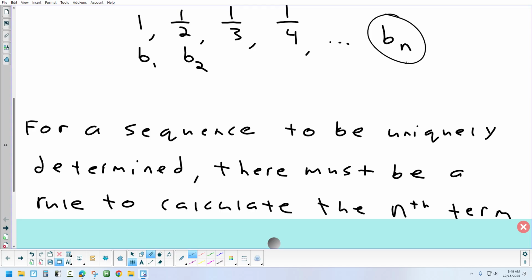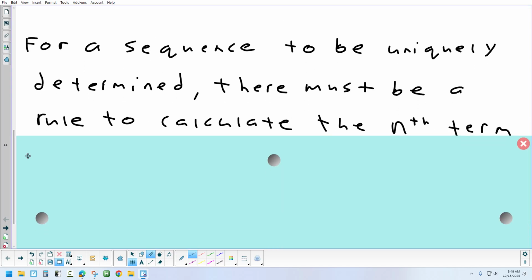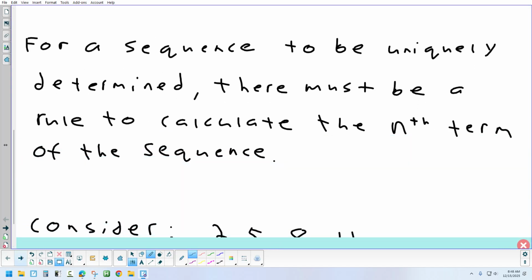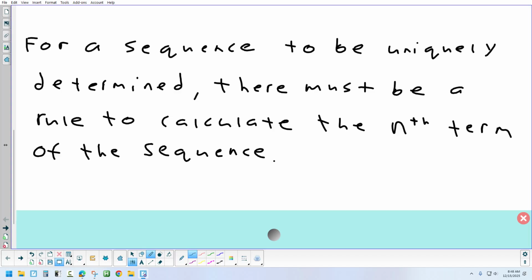Other formulas, the pattern can be extremely complicated. So we're going to look at a sequence in a minute, and I just want to see if we can figure out what the pattern is. And based on that pattern, can we find a formula to figure out more of the numbers in the pattern?